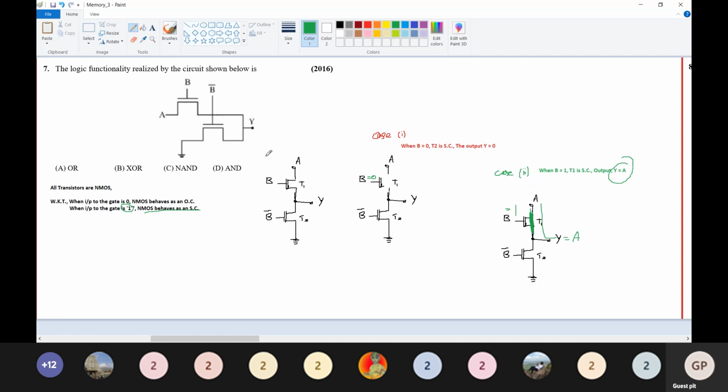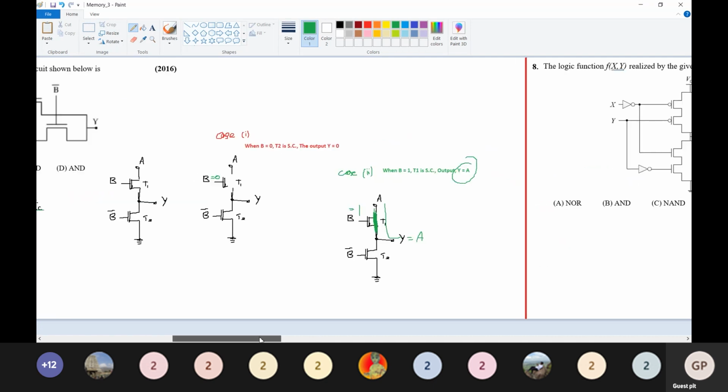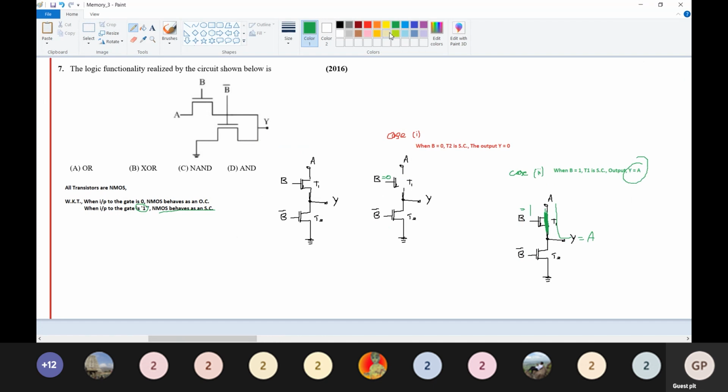So now with the two terminals A and B, these are the two inputs A and B with output Y. So what are the possible combinations? 0 0, 0 1, 1 0, and 1 1. Now if you see here, when B is equal to 0, Y is equal to 0.